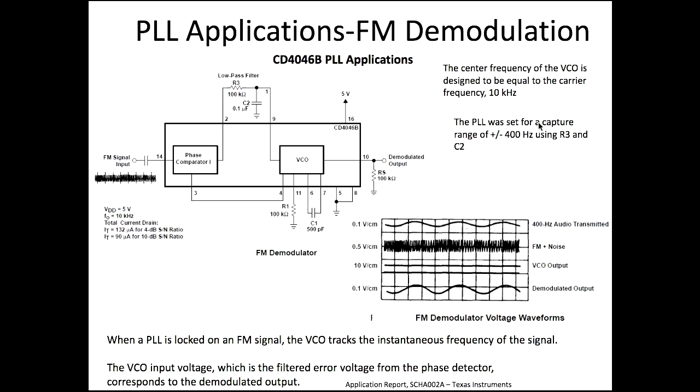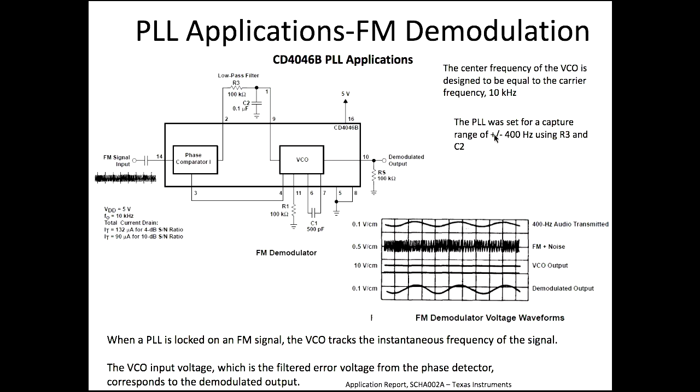But if you have a different carrier frequency, say the carrier is 1.4 kilohertz, still it is fine. It will work. But if it is above 1.4, it might not lock. That is the reason there is a capture range.